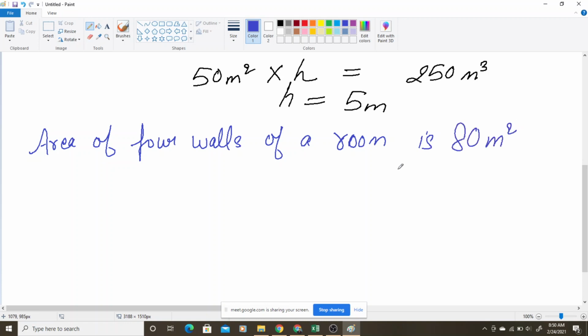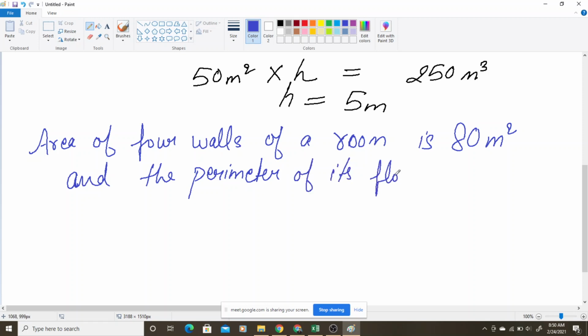Okay, this is the area of the 4 walls of a room, that is 80 meter square, and the perimeter of its base, perimeter of its floor is, suppose it is given as 20 meter. Okay, perimeter of its floor is given as 20 meter.